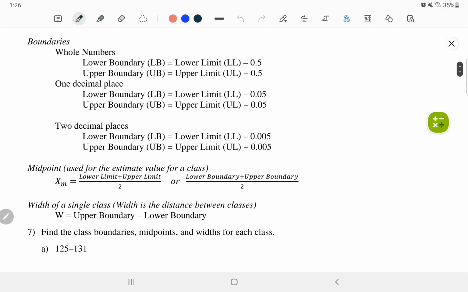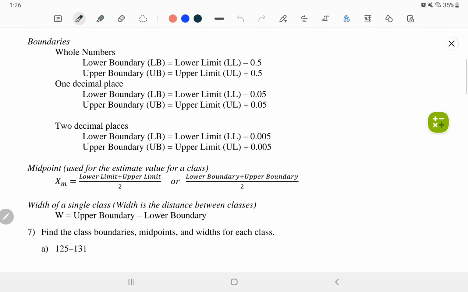Now, it depends what kind of numbers we have. If we have whole numbers, the lower boundary is the lower class limit minus 0.5, and the upper boundary is the upper class limit plus 0.5.